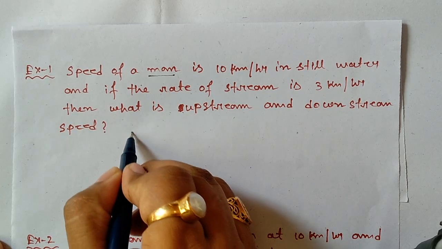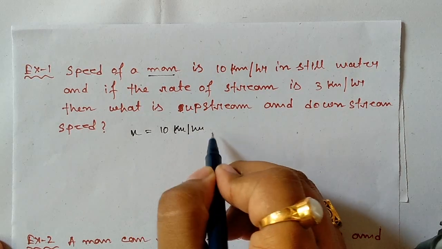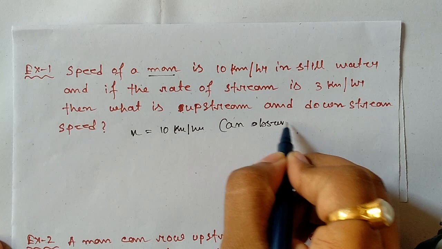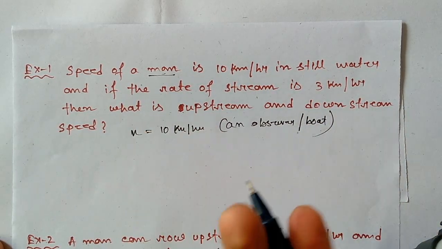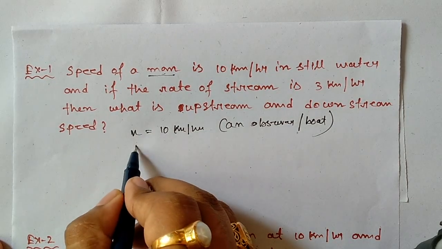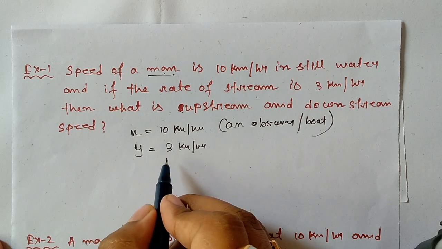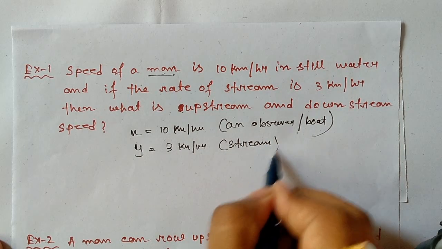So let x equal 10 km per hour, and y is 3 km per hour, the rate of the stream.